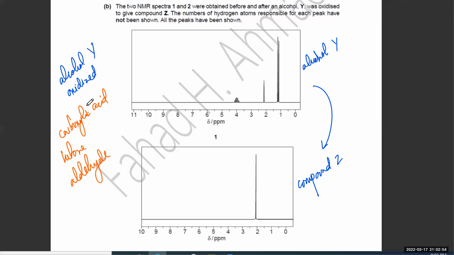Can a carboxylic acid ever have a single peak? Like if I take the smallest carboxylic acid, methanoic acid, will it have a single peak? The OH is there, so yes. But there's an H as well, so there can be 2 different peaks, right? Yes, exactly. Even ethanoic acid will have 2 different peaks.